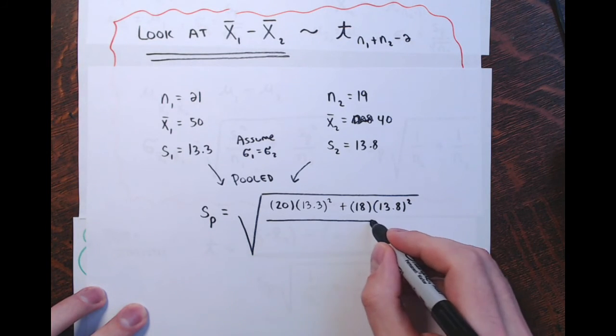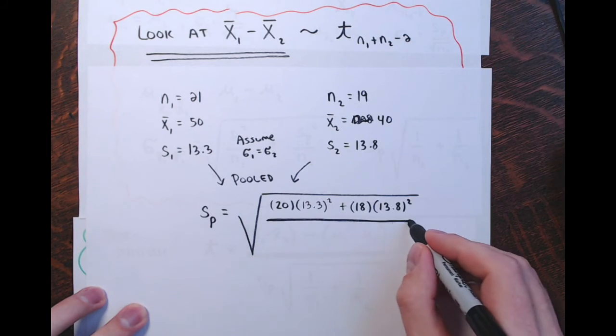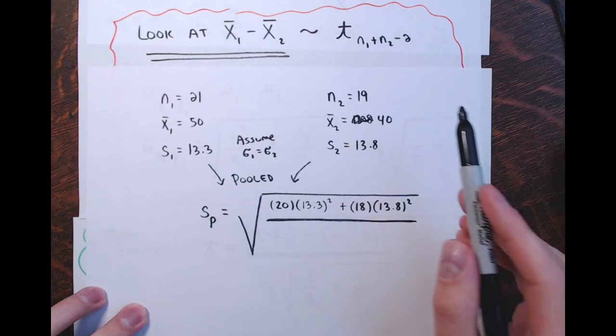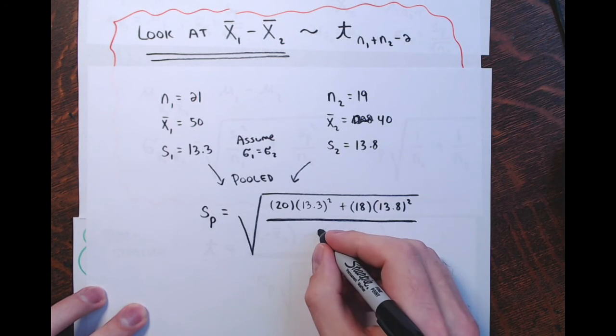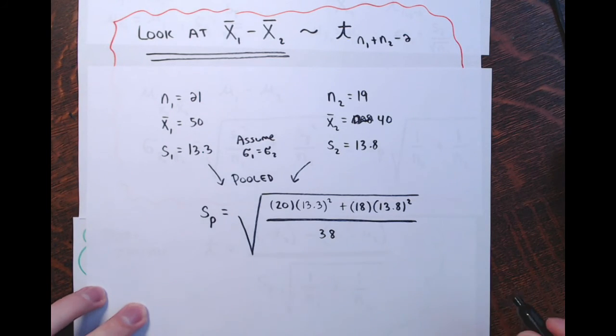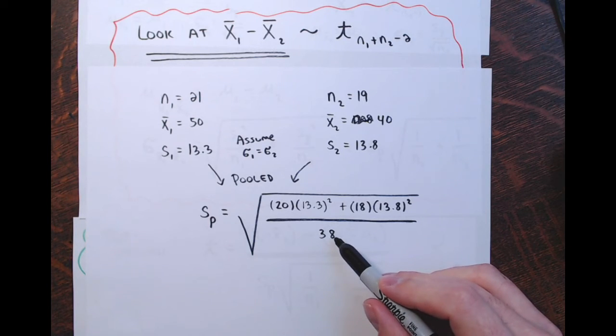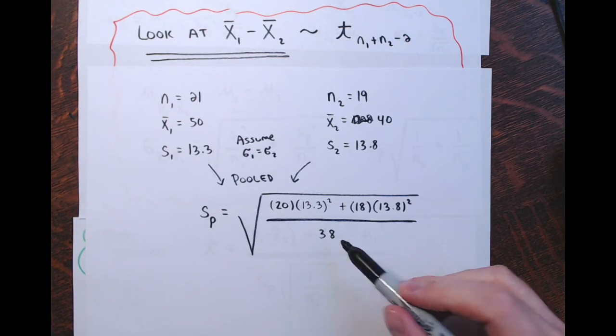Then all of this is divided by n1 minus 1 plus n2 minus 1, so 20 plus 18, 38. This is also going to be the number of degrees of freedom, n1 plus n2 minus 2, for our t-distribution as well: 38 degrees of freedom.